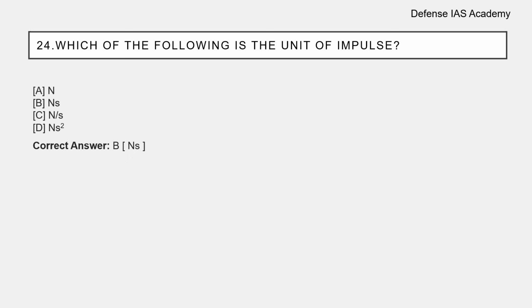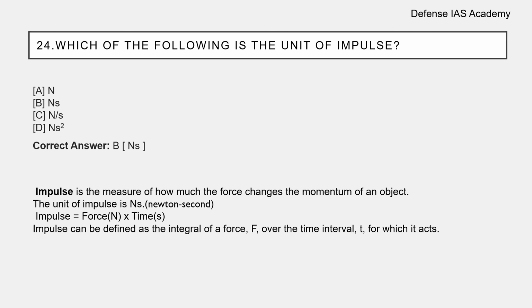Now the correct answer is NS, Newton second, option B. Impulse is the measure of how much force changes the momentum of an object. The unit of impulse is NS, Newton second. The equation for impulse is force into time. Impulse can be defined as an integral of force over an interval of time.